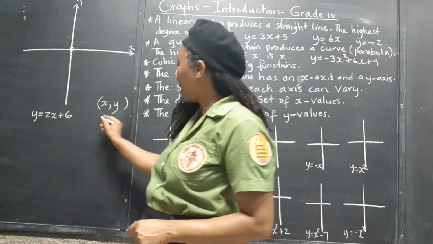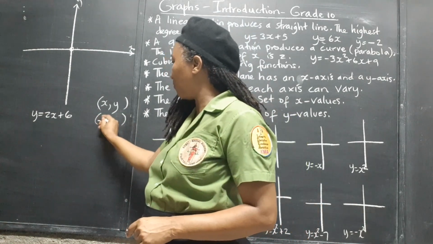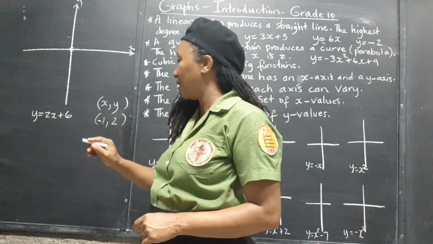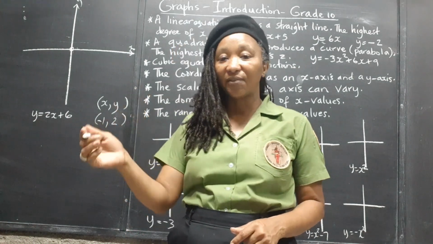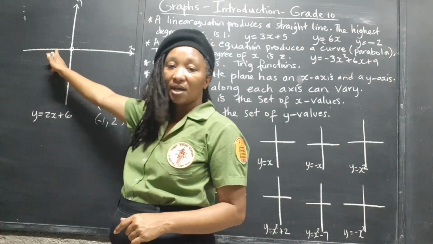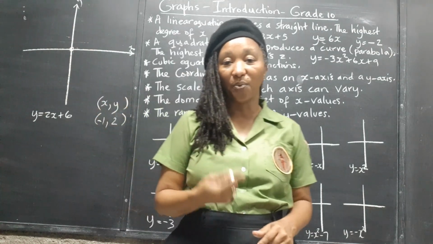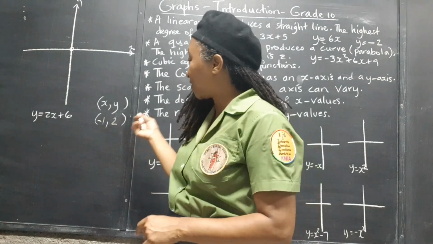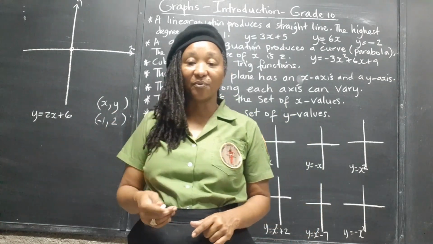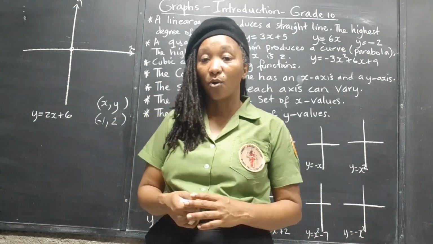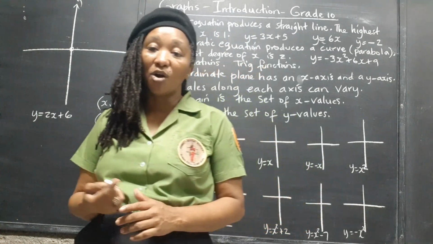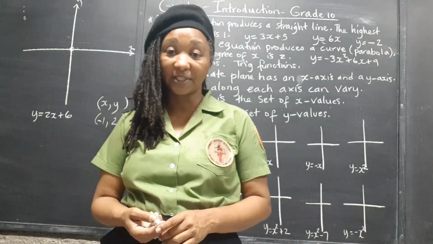For example, if we are told negative 1 on the x, 2 on the y, we would move negative 1 on the x-axis, then 2 on the y-axis, and that's when we make our point. Not after the first movement, after the second movement. So it's a pair of coordinates. We call them the ordered pairs, right?